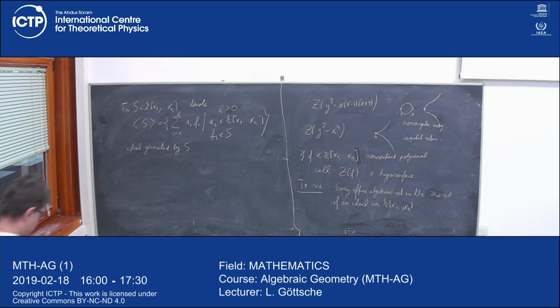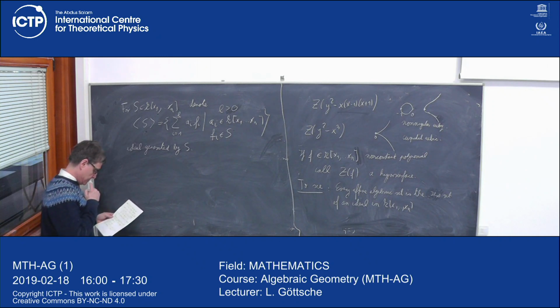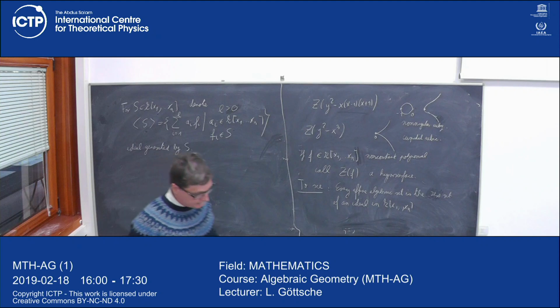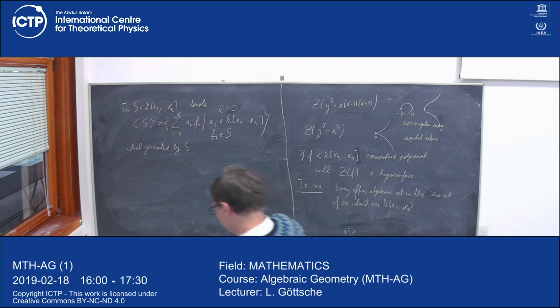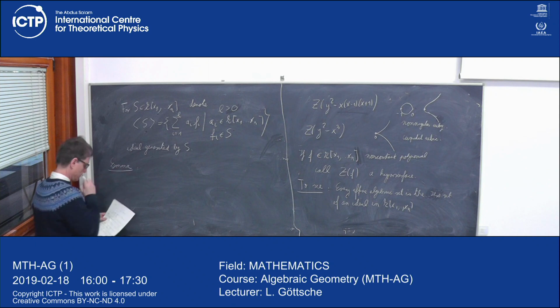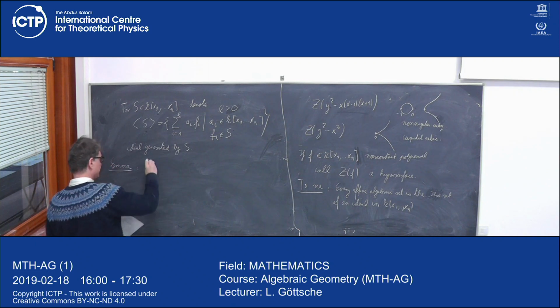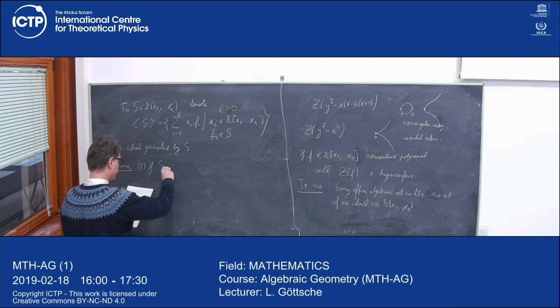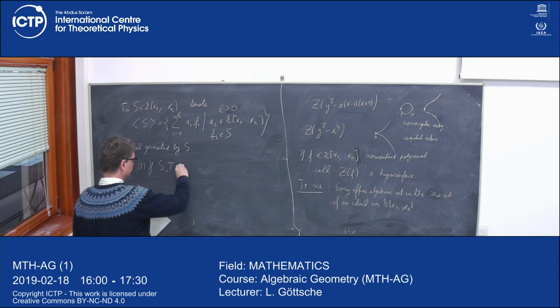So, and we will want to see, and I mean it's actually quite obvious, we have the following lemma. So first, say S and T are some sets of polynomials.